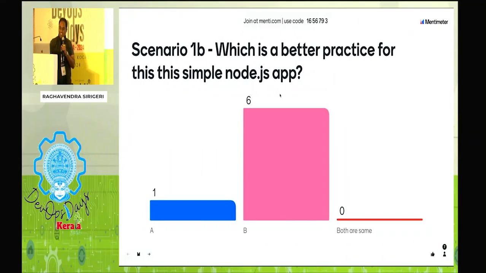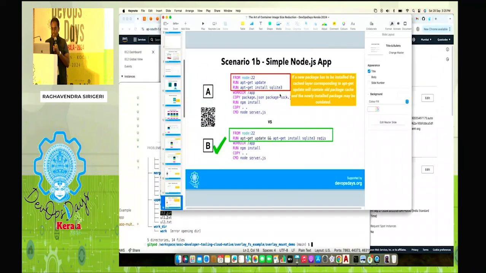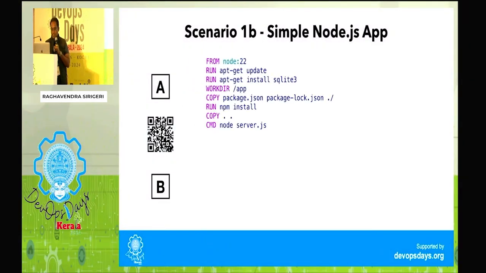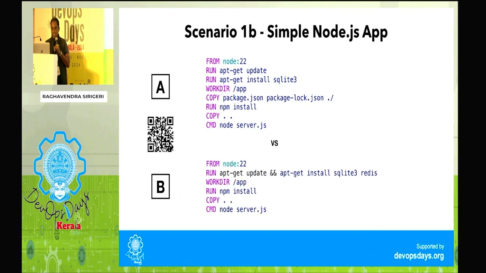Okay, so we have a clear winner here. Okay. So can anyone tell me why? Can anyone tell me why B is better than A or A is better than B? Anyone?